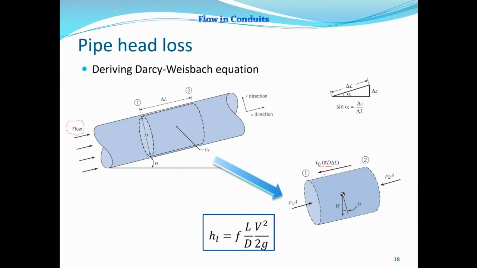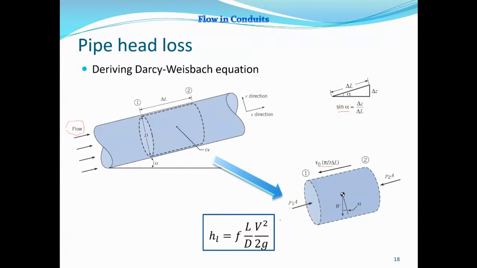The area is pi d times dl, which is the length. And then you have the weight component, which is simply W sine alpha, and sine alpha is simply equal to delta Z over delta L.